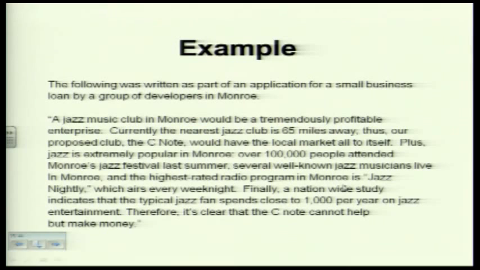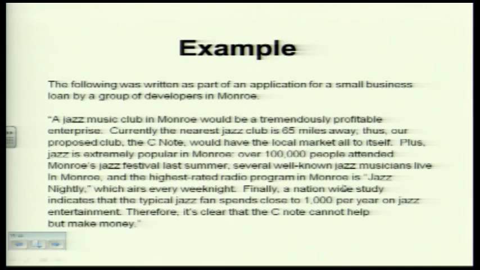And another reason, you can see the signal word here, plus. Last year, over 100,000 people attended the jazz festival in Monroe. So the author thinks that's a good piece of evidence to show that a loan should be given. And in Monroe, there are a lot of jazz radio programs, and people like it.